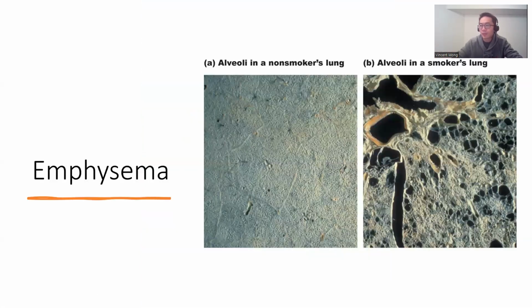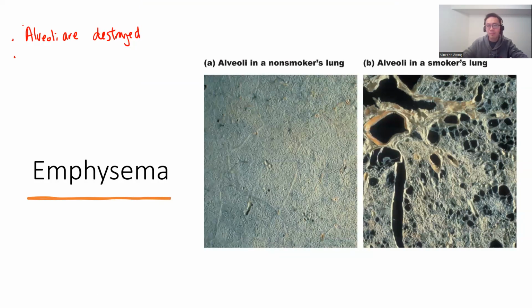Moving on. Another thing is emphysema. You've seen this word come up a few times, right? So emphysema occurs when alveoli are destroyed. I'm not saying it only happens to smokers, but it definitely can happen in smokers. And when they're destroyed, remember we drew the alveoli, they were like little balloons, and the surface tension caused them to squeeze, right?